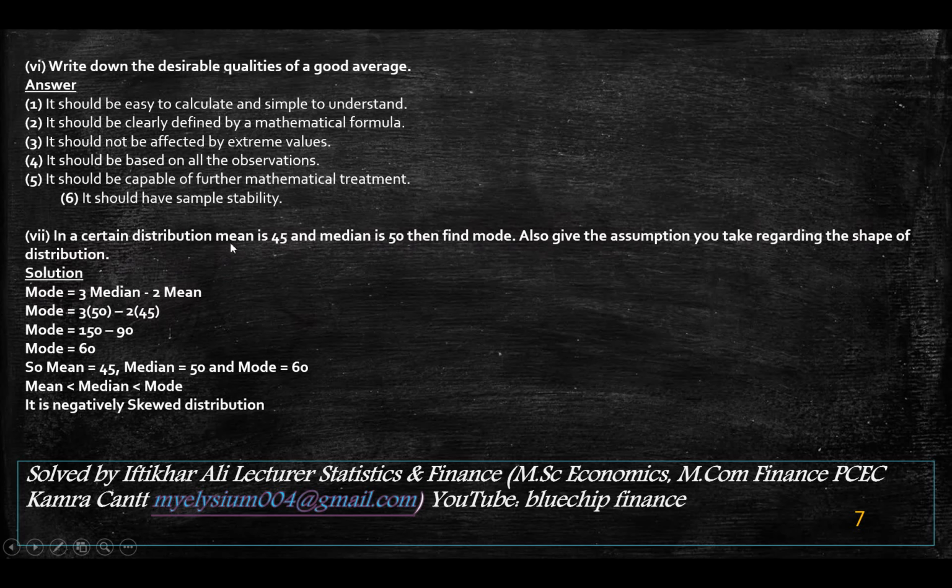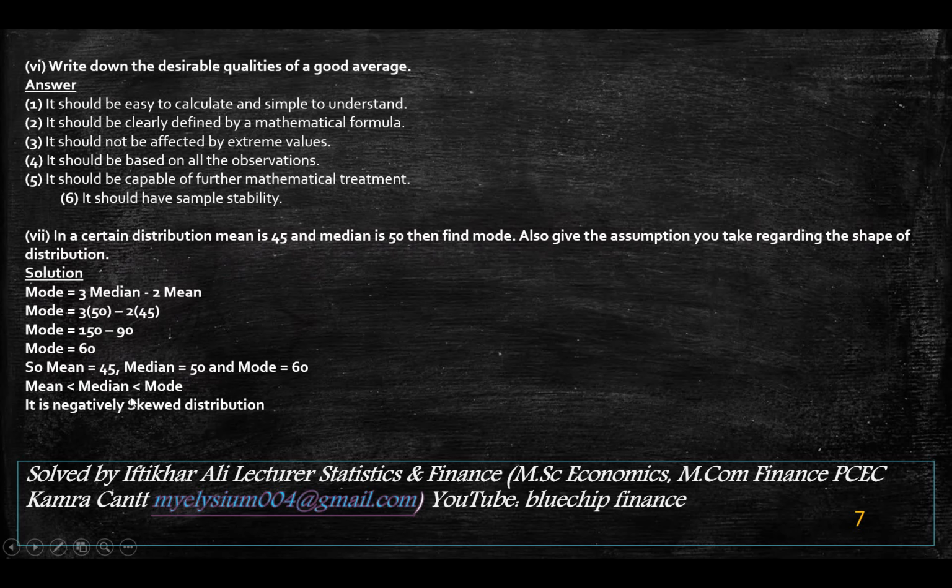So simply we put these values, as we are seeing here, that mean is 45 and median is 50. So 3 multiplied by 50 minus 2 multiplied by 45, and after that mode will be 60. So mean is 45, median 50 and mode is 60.